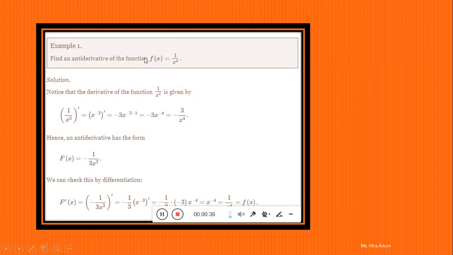But we are taking the integration of this function. f(x) equals 1 over x^4. If we take x^4 to the numerator, it becomes x^(-4). We use the power rule: minus 4 plus 1 gives x^(-3) over minus 3.